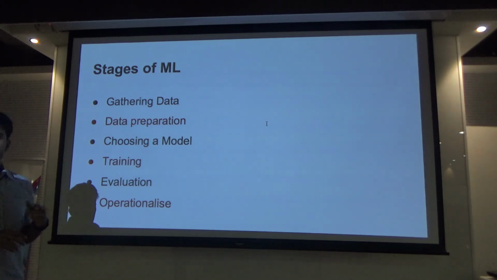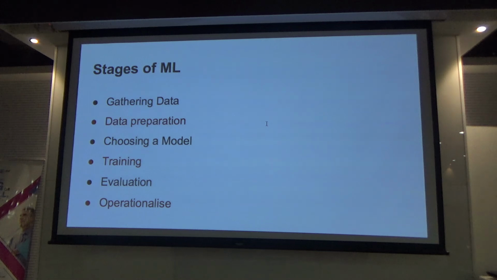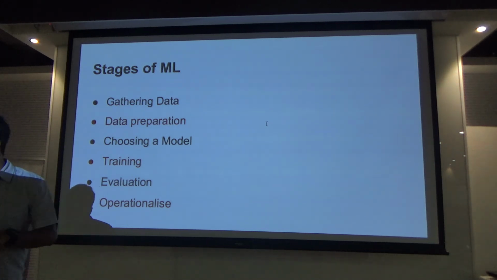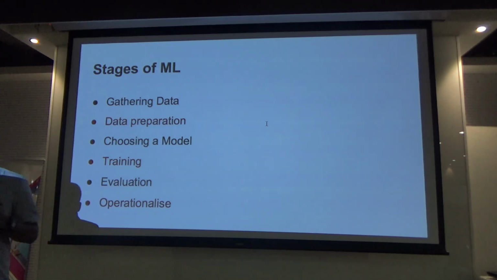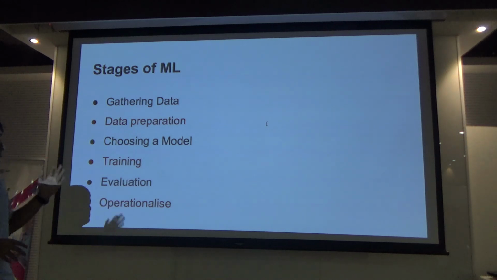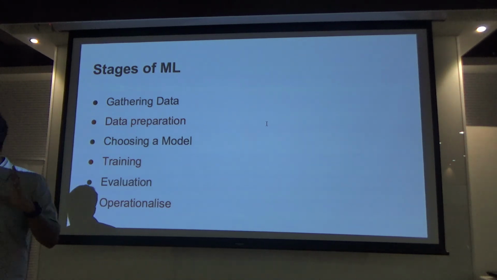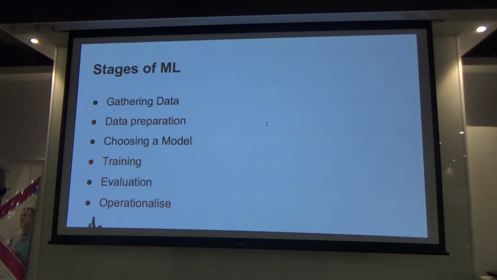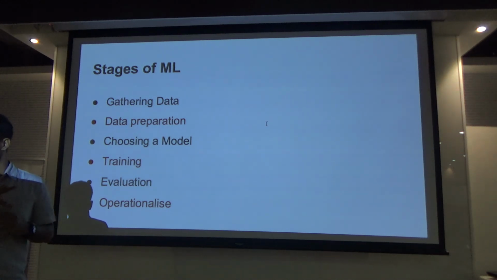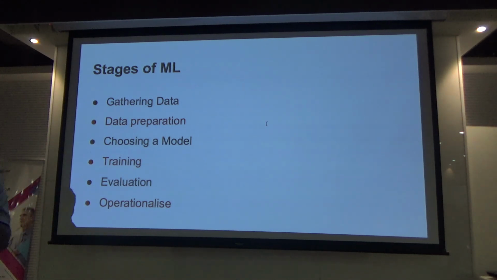And then the operationalize step. Many people may not worry about this piece. Operationalize means how you store the model and how you use the model for prediction. The points marked in red are what we'll be concentrating on. Those are the key areas where we'll point out a few issues we found, and the solutions to those issues.